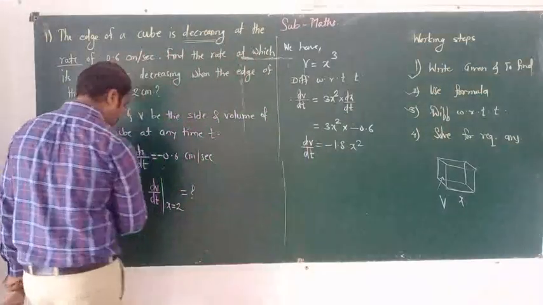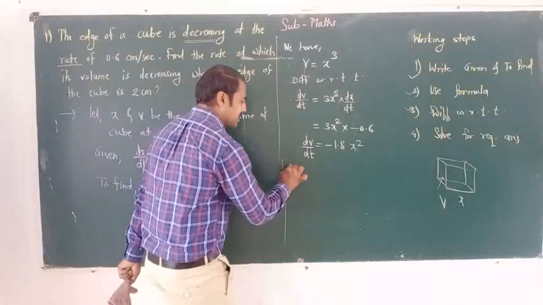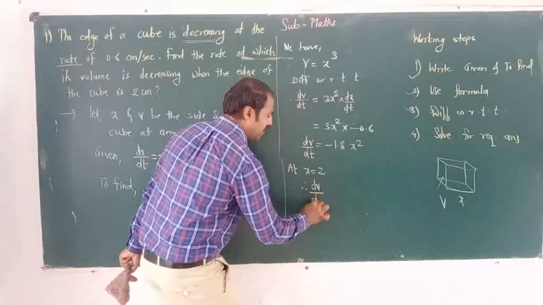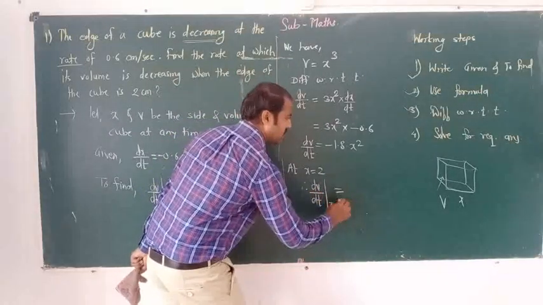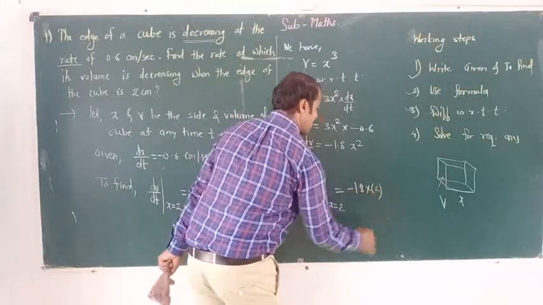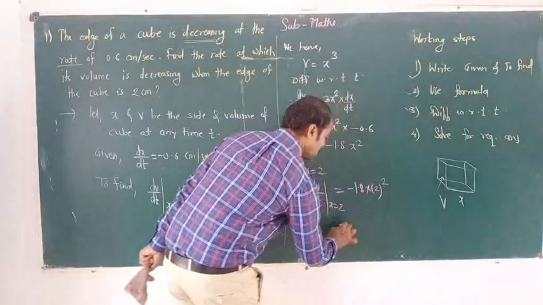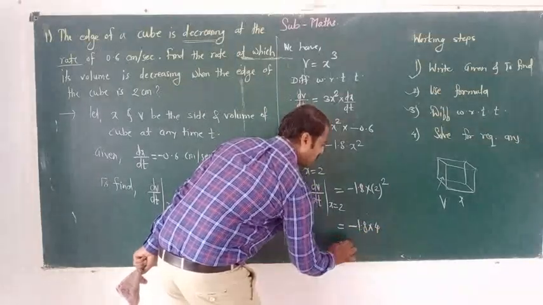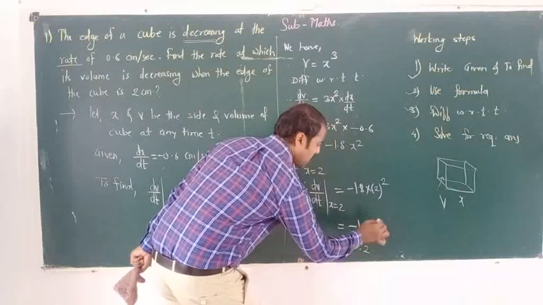To find dv by dt at x is equal to 2. Therefore, dv by dt at x is equal to 2, which is equal to minus 1.8 into the value of x, 2 square, which is equal to minus 1.8 into 4. 4 8s are 32. 4 1s are 4.